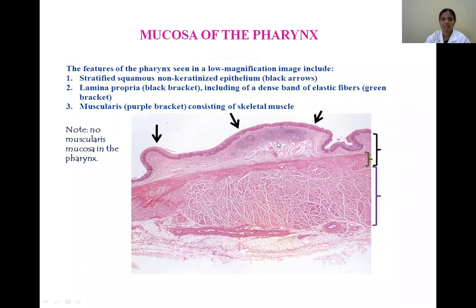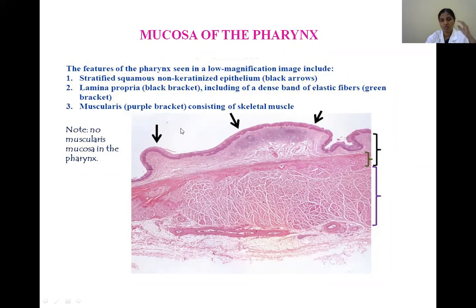Most of the pharynx is lined by stratified squamous non-keratinized epithelium, as it is related to wear and tear, so it should be lined by a protective stratified epithelium.